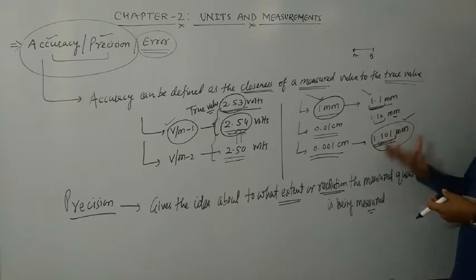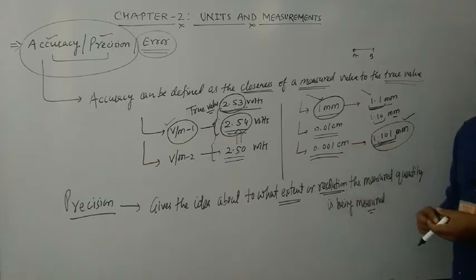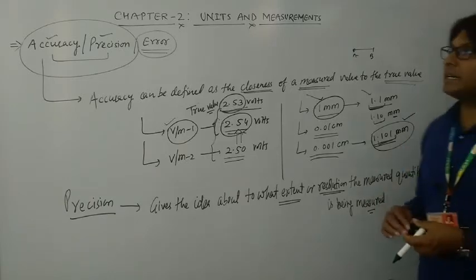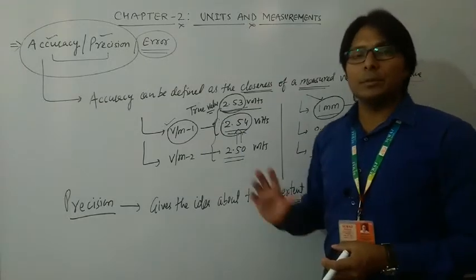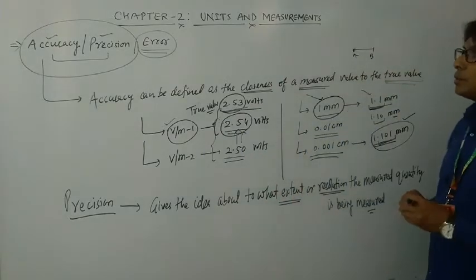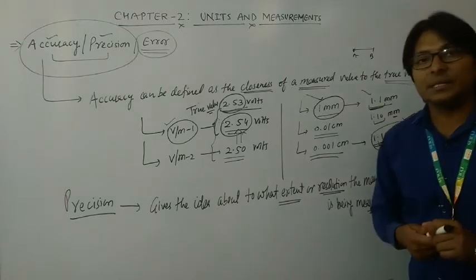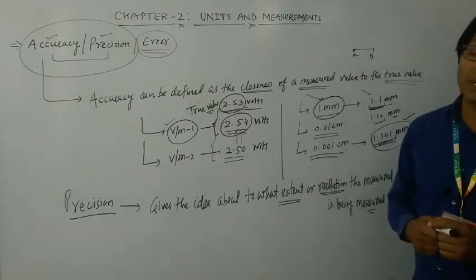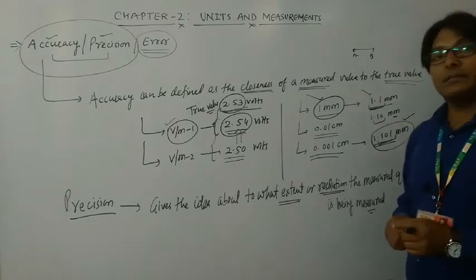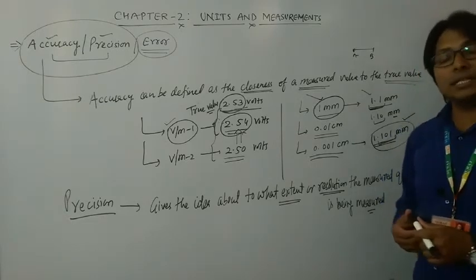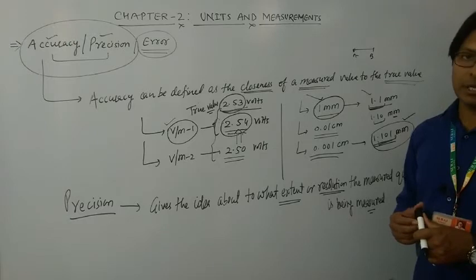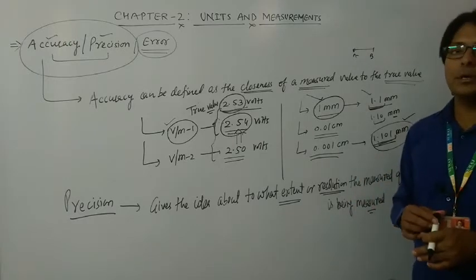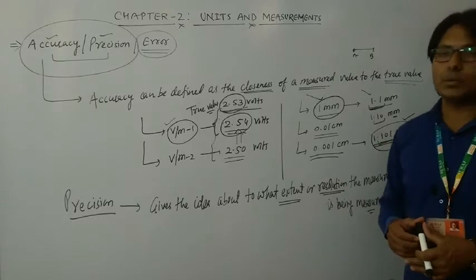The extent up to which you are measuring a quantity is known as precision. I hope you got the idea of what accuracy is, what precision is, and the difference between these two terms. An instrument which is accurate may or may not be precise, and the reverse is also true: an instrument which is more precise may or may not be more accurate. So these two terms are different, although they are interrelated.